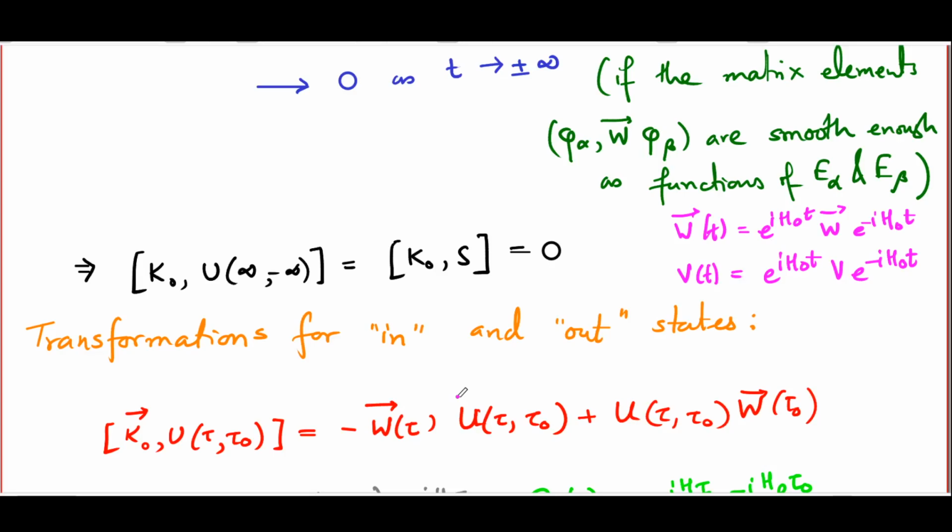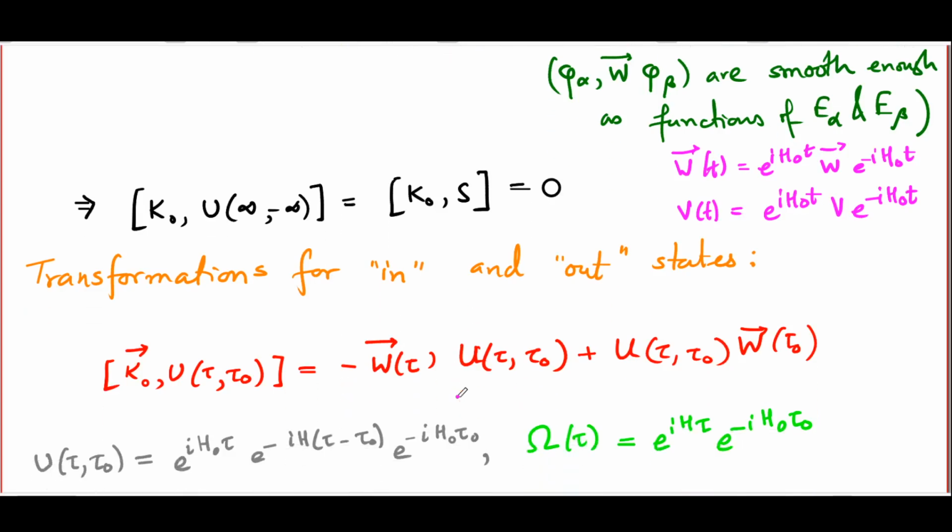The commutator that we have is of course a commutator between K0 and U(tau, tau 0). And on the right hand side we have this W(tau) and W(tau 0) appearing. Remember, U(tau, tau 0) is of course this, and omega(tau), the operator which in the limit minus plus infinity gives us the in and the out states when acting on free particle states, is given by e^{iH tau} e^{-iH0 tau 0}.